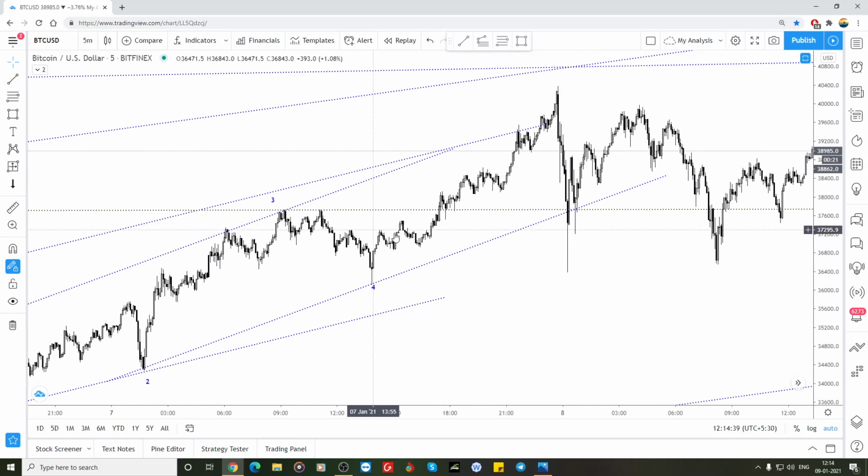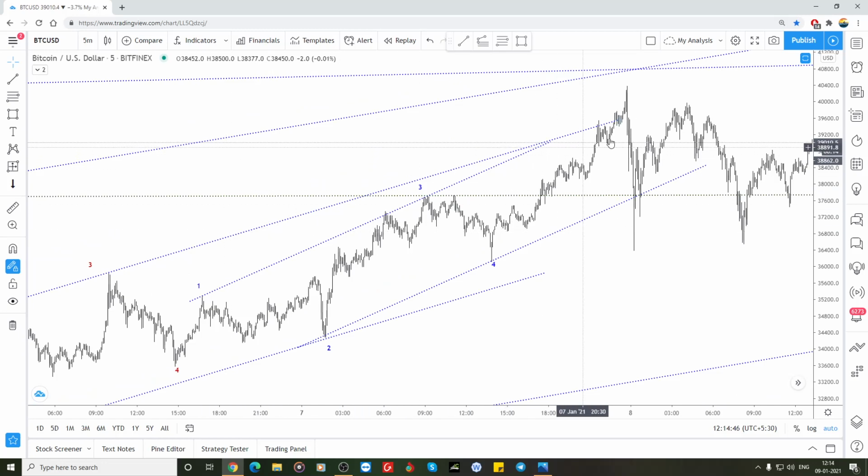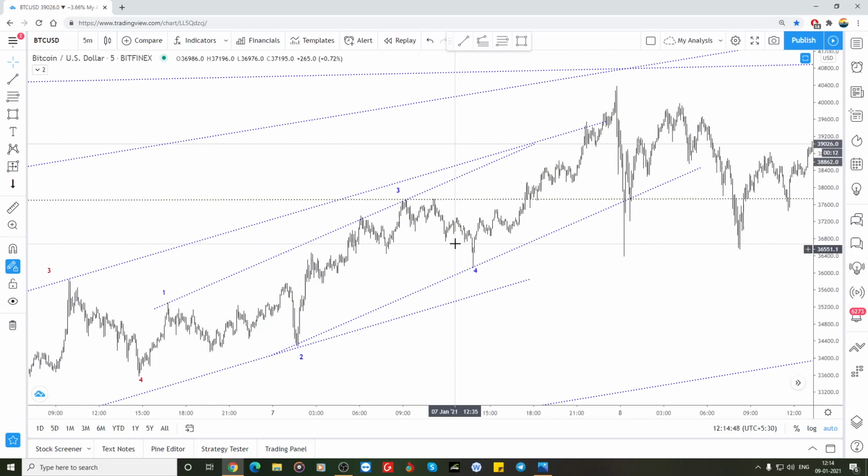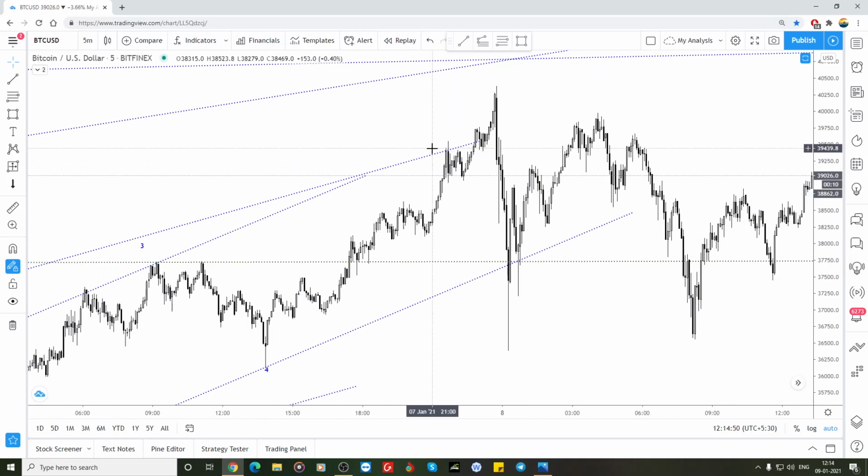So I just keep watching and counting that 5-wave structure. Here I got 1, 2, so again 3, 4. So the 5th has ended and the channel is also doing here. So immediately I sold my position, because in Bitcoin we can't do that immediately. I had already placed a sell limit at 39,200 and it was already triggered, and my stop loss was going to be 1,000 points, around 40,300.